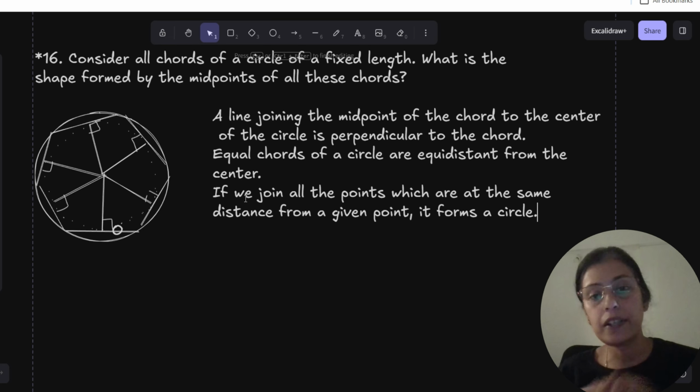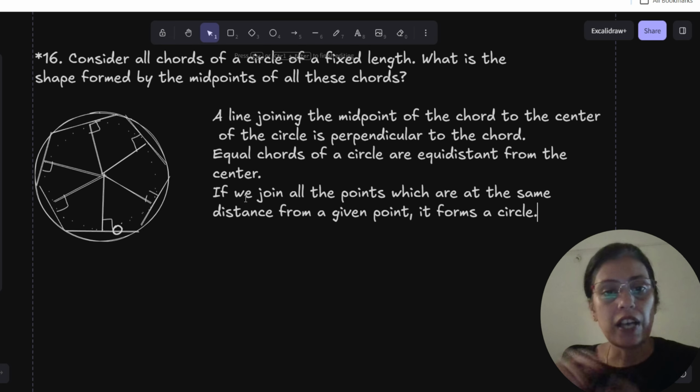So this is by the definition of the circle, right? So we have the given point O, which was the center of our circle, and then we took all the chords which are of equal length, right?